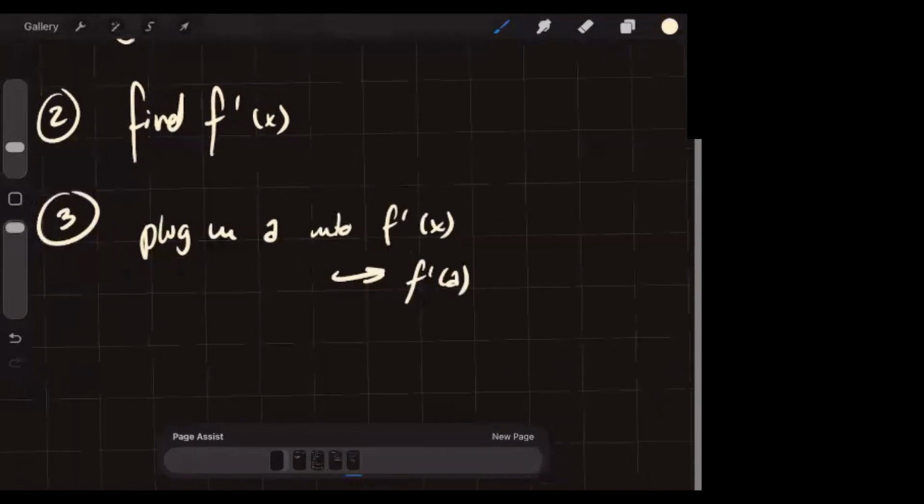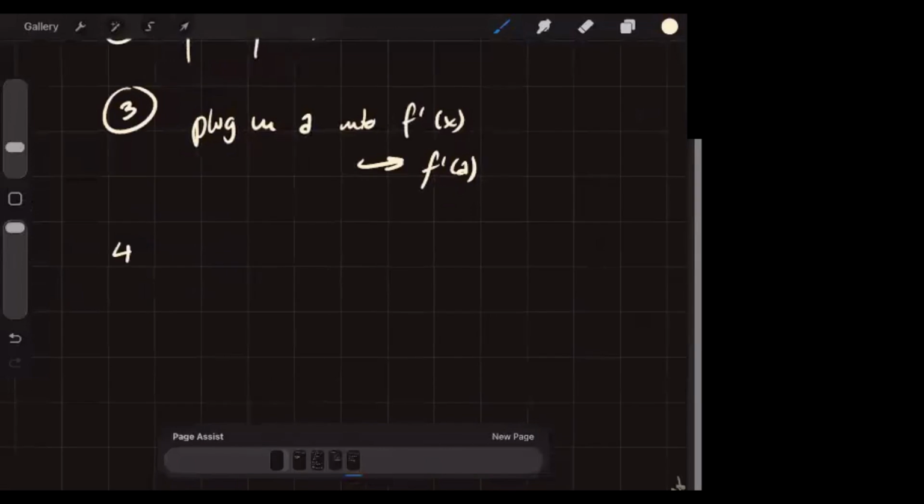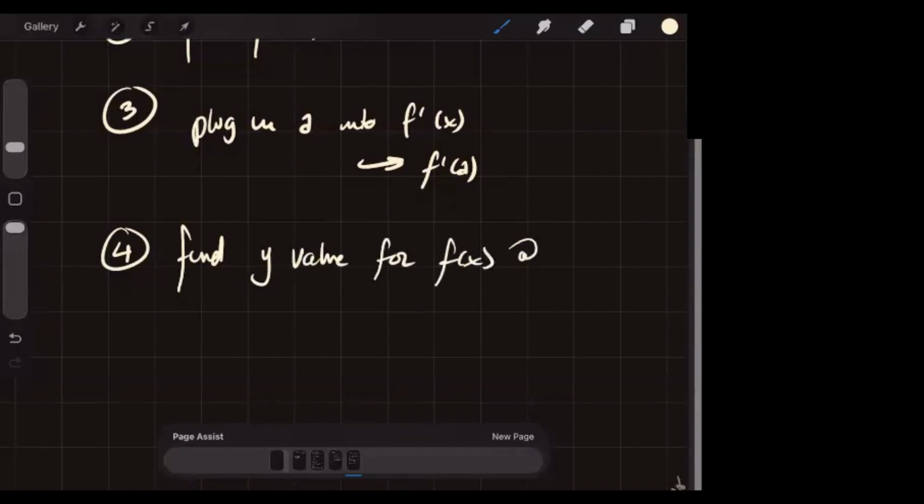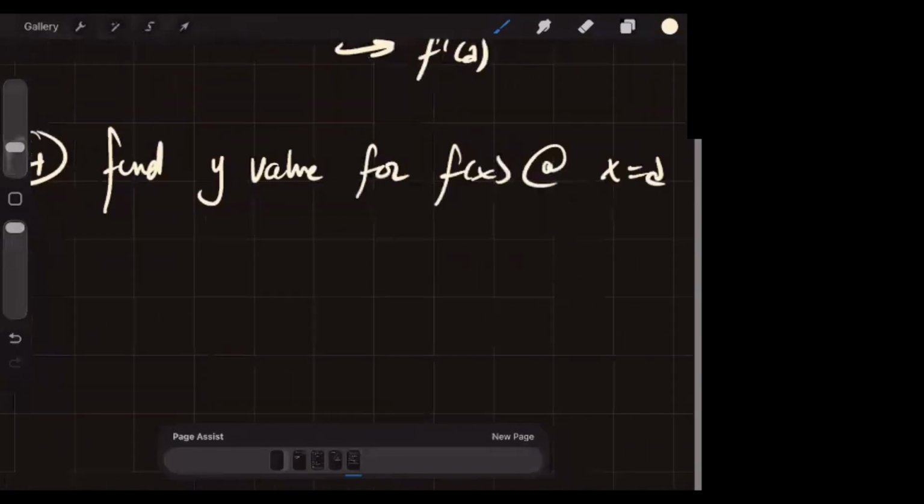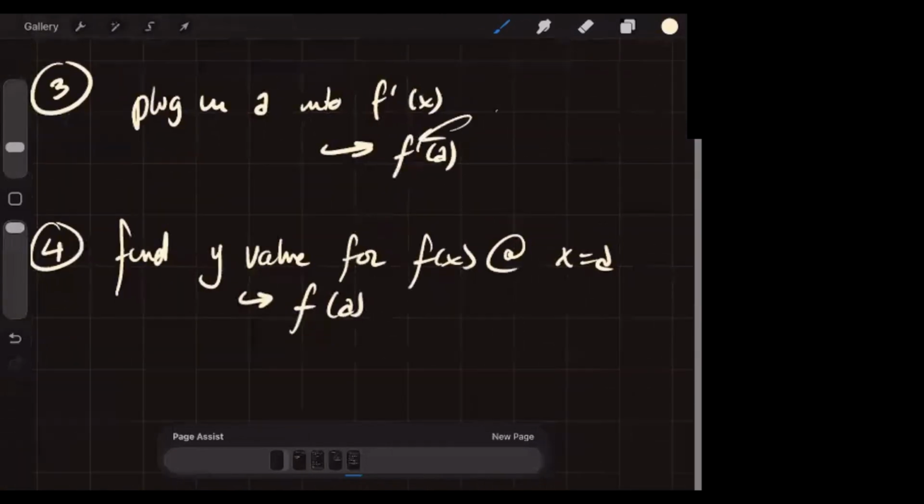Now you see the vision now, huh? And then find the y value for f of x at x equals a. So basically you're looking at f of a, f normal, not f prime.